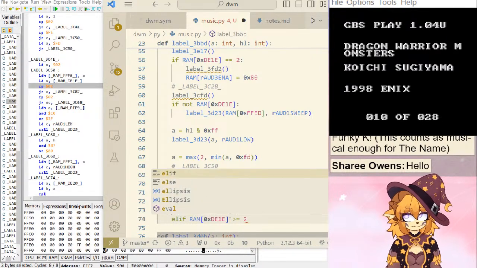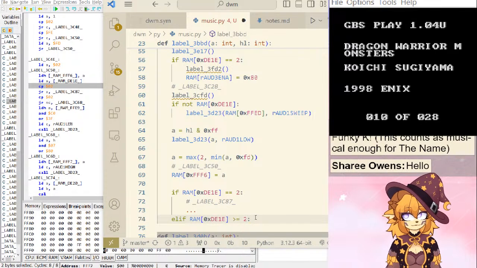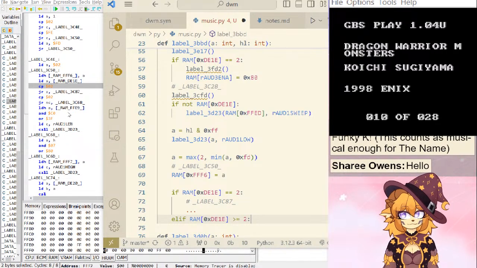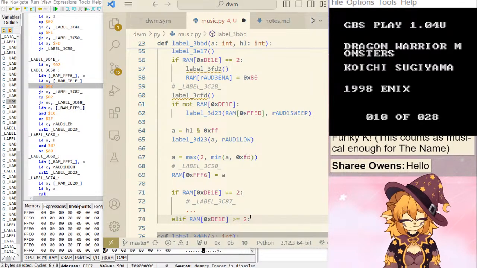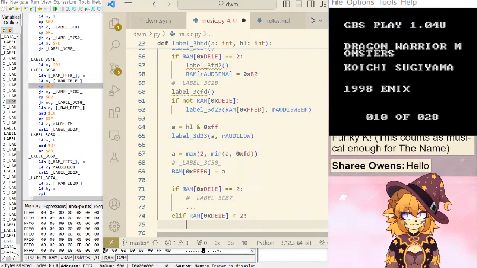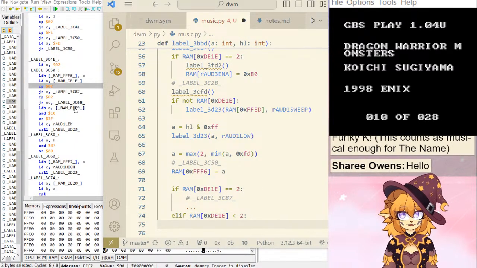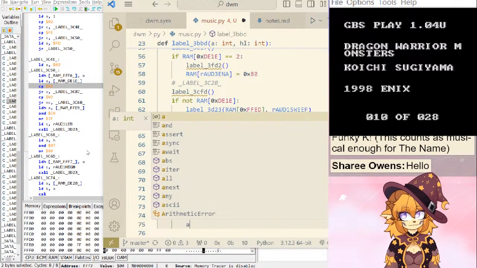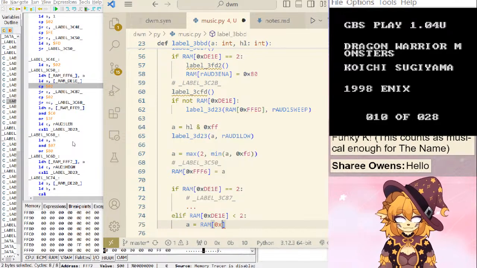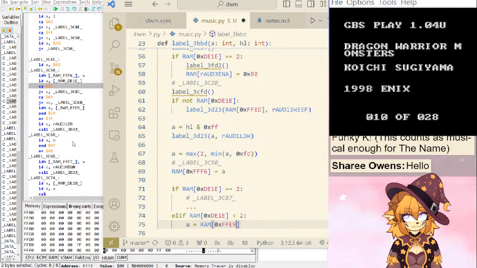I'll put that left. So that would go here is greater than or equal to, but it falls in there, so we want to enter it and say if it's less than it does this block here. A equals string FFE9.